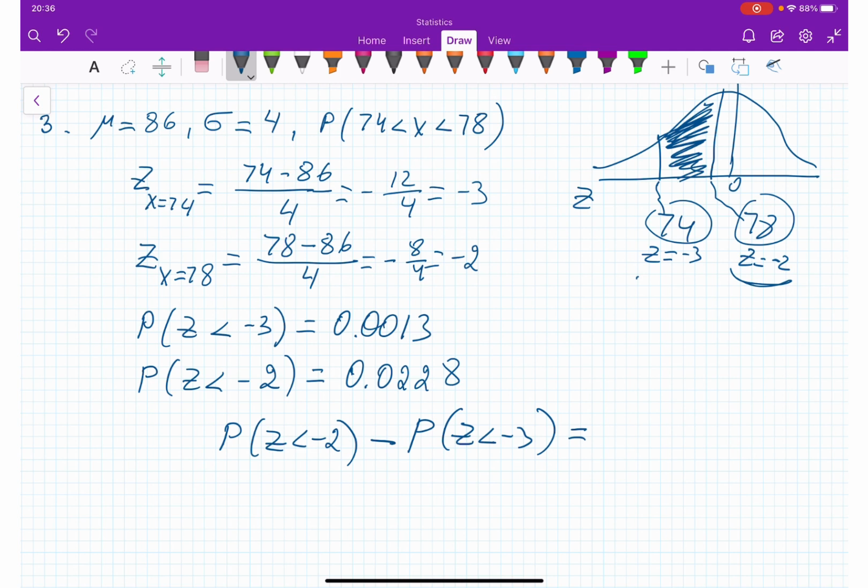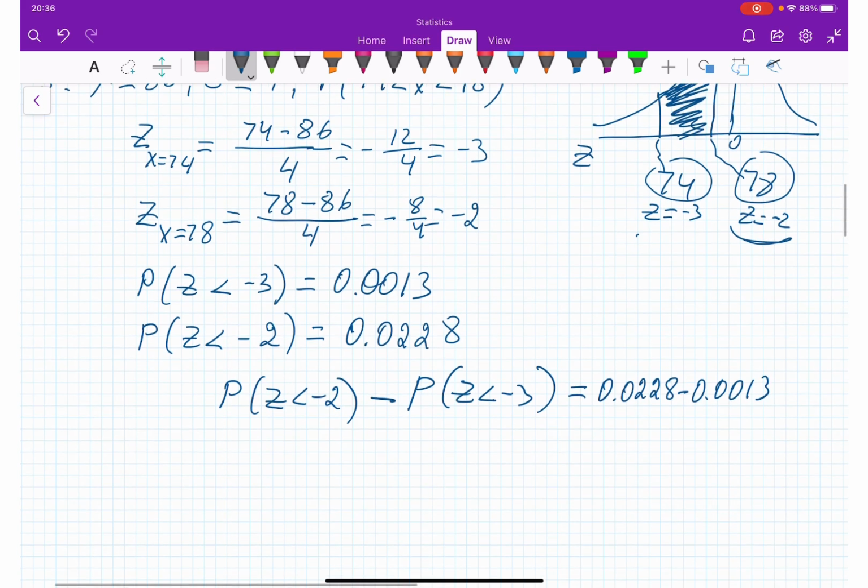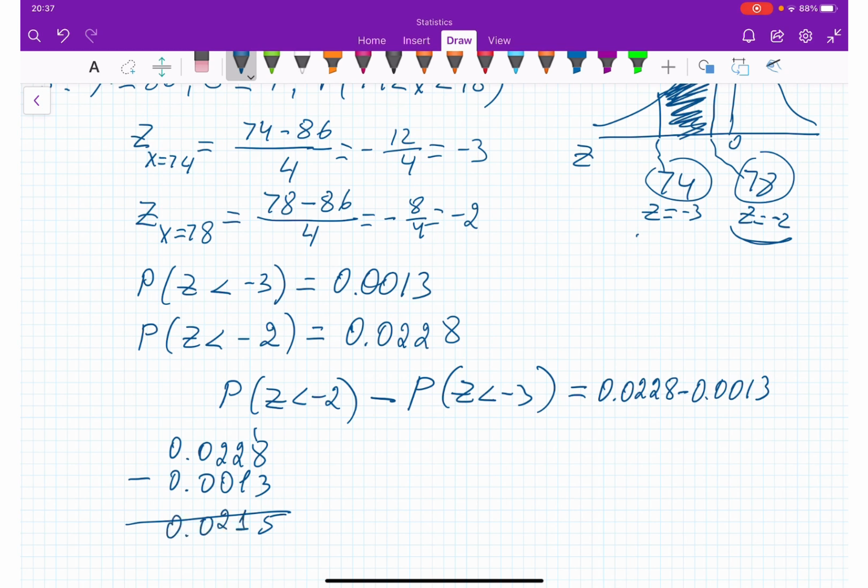We need to subtract 0.0228 minus 0.0013, and that is going to be equal... Let me subtract. So this is 5, this is 1, this is 2, 0, 0.